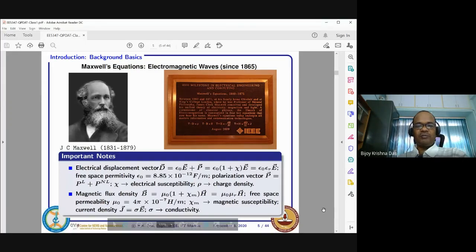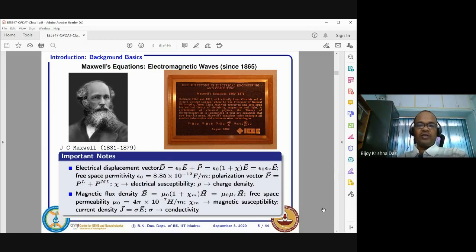It is a story of more than 1,000 years. But most of the mathematical aspects, which are celebrated till today, are Maxwell's equations.